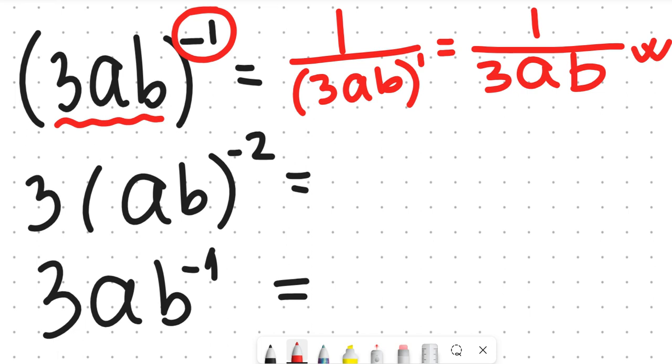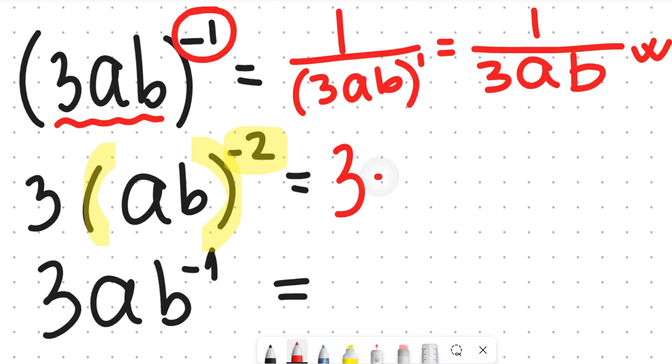Question 2. It's very important here, guys, to see what has to be raised to the power of minus 2. So it's only a and b that are raised to the power of minus 2, which means 3 remains where it was.